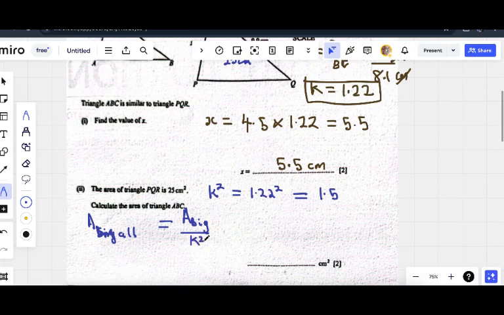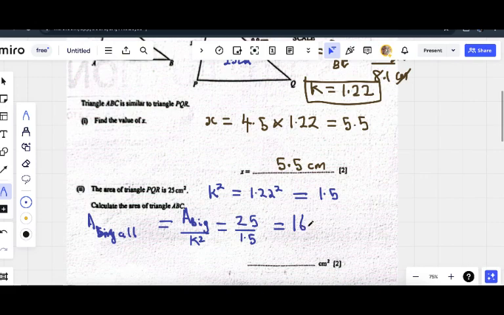Okay? So the area of the big one is 25. 25 divided by 1.5. This will give us 60 point something, right? 60.6 something, which is 60.7, right?